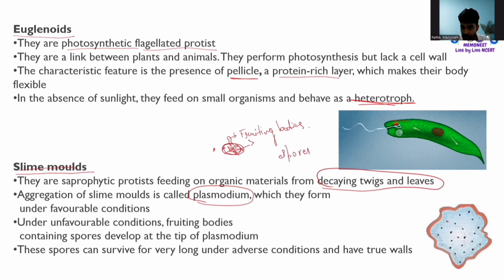You can see here a number of spores are present, right? These spores can survive for a longer period of time, even in very harsh conditions, and they have a true cell wall. Later, during favorable conditions, these spores will again develop into individual slime molds.